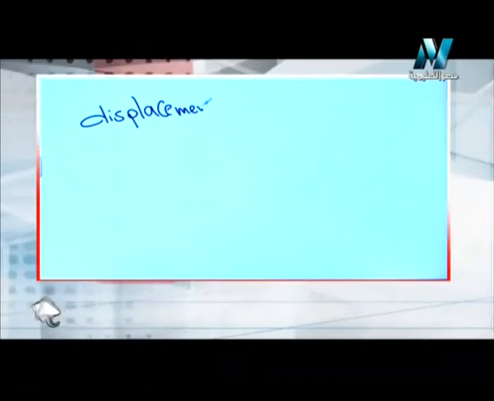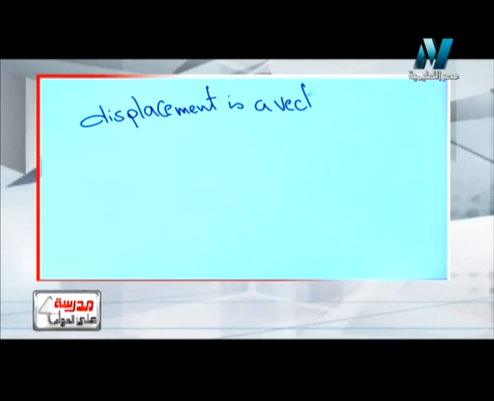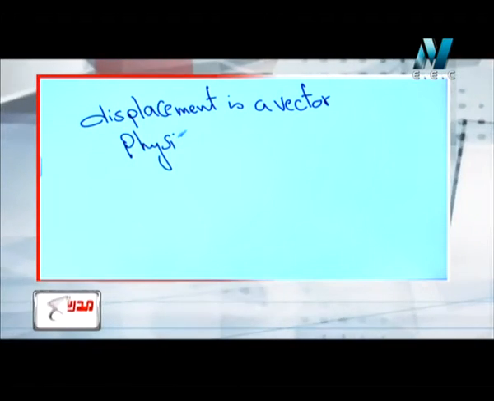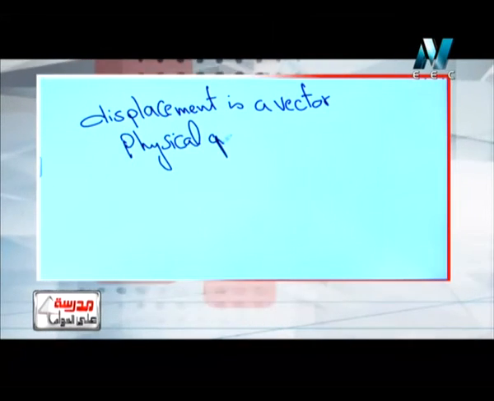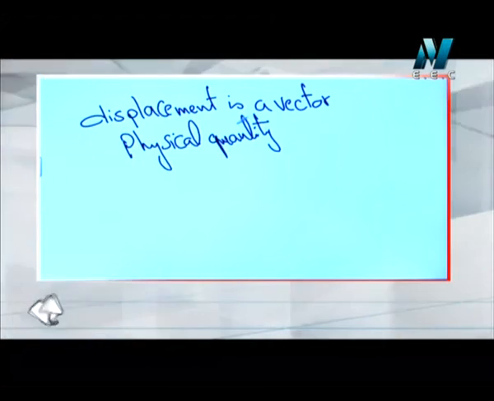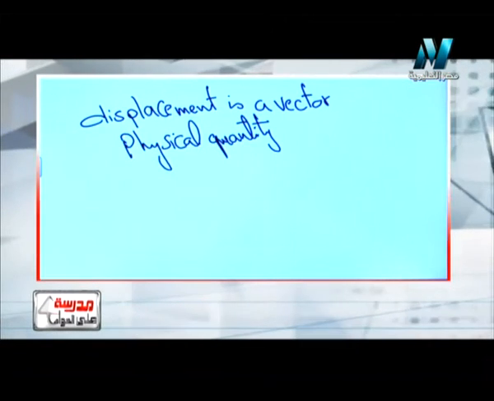Displacement is a vector physical quantity. Here we talk about the vector and the scalar physical quantity.